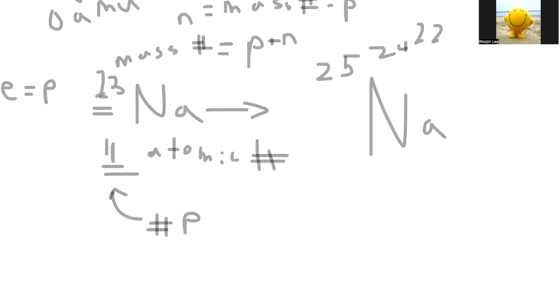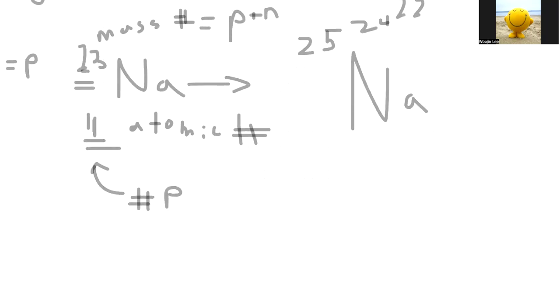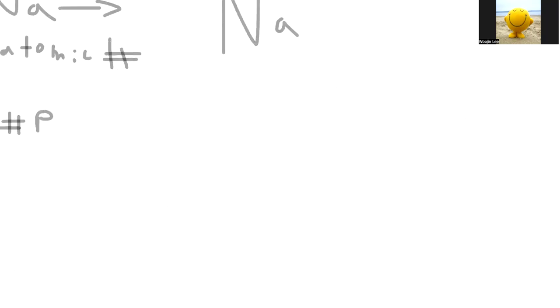So a common question could be a graph like this, and the y-axis is the percent abundance, or the relative abundance, of that isotope in nature, and the x-axis is the AMU, which is just the mass of a particular isotope. So a graph could look like this.